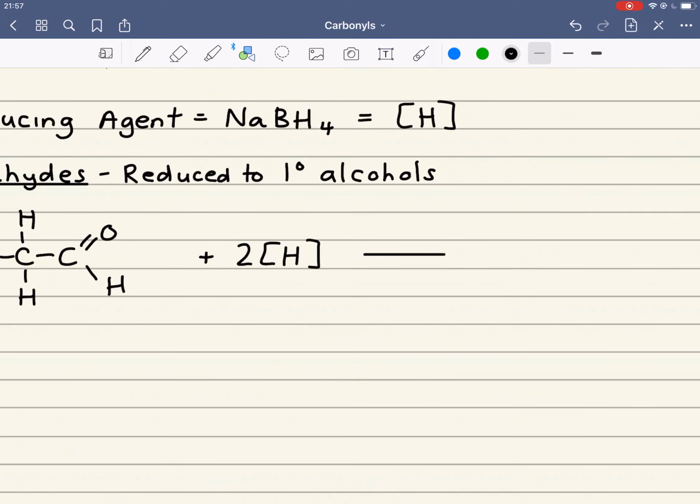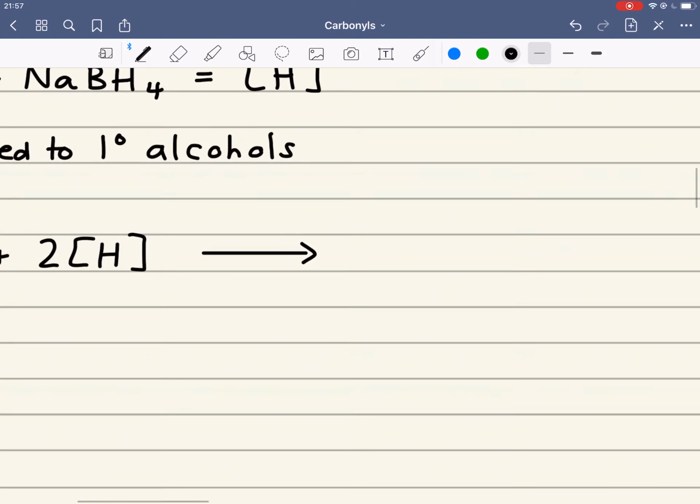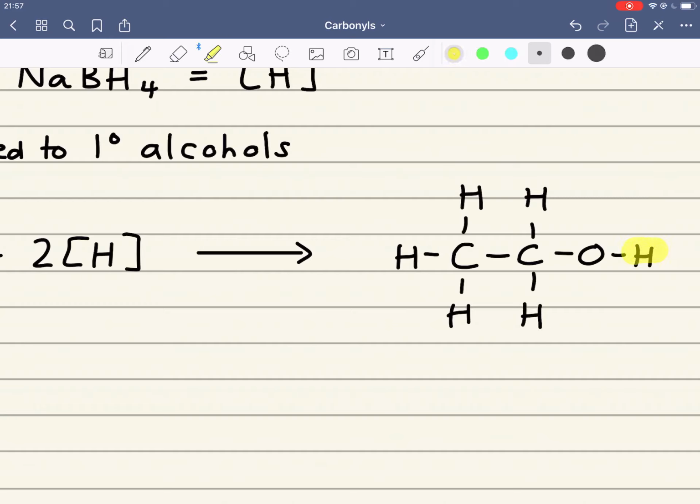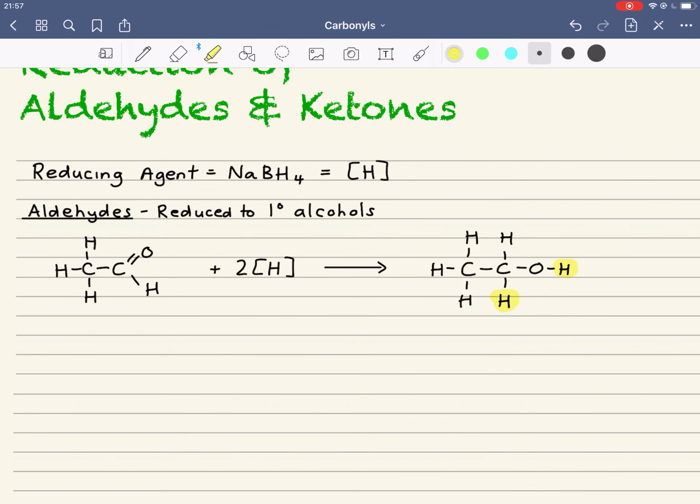And that's going to give us the following product. So I've added these two hydrogens here.